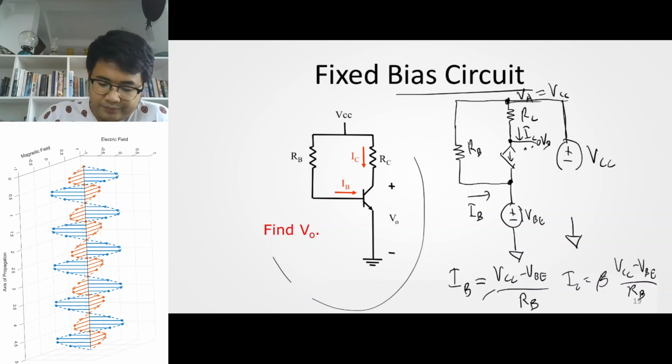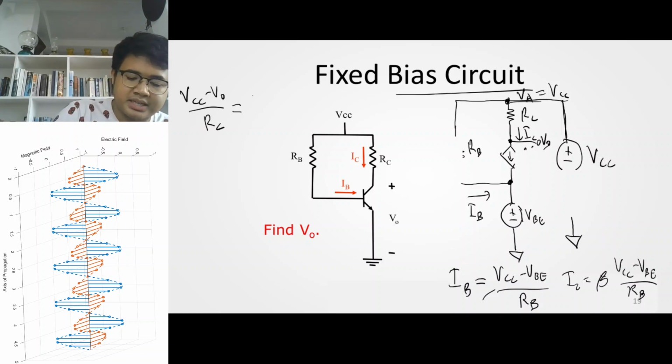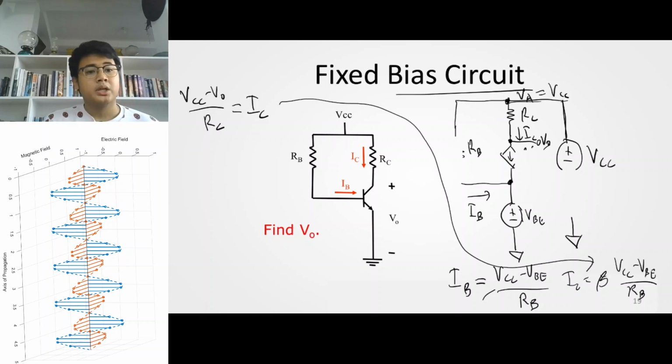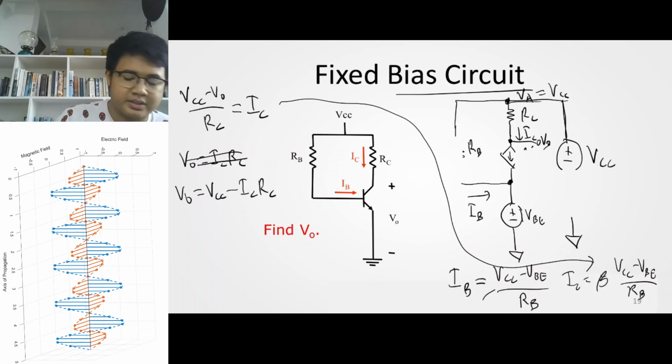So the potential difference at the resistor RC is VCC minus Vout divided by RC, and the current across RC is equal to IC, which we got an expression for earlier, as you can see here. So VCC minus Vout over RC is equal to IC. Therefore, Vout is equal to... sorry, Vout is equal to VCC minus IC times RC.